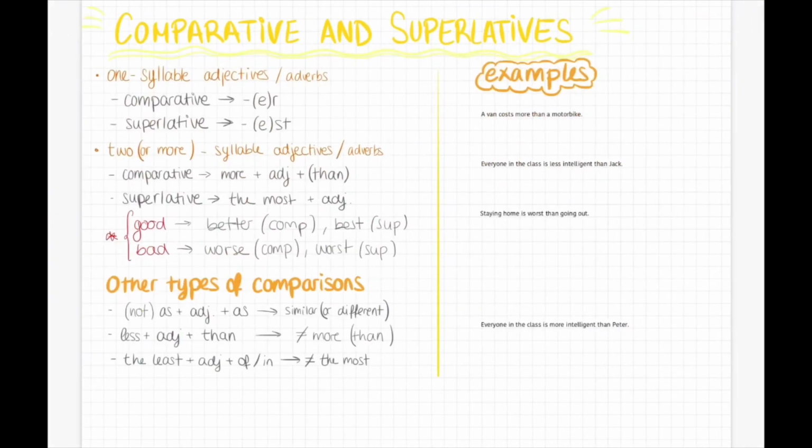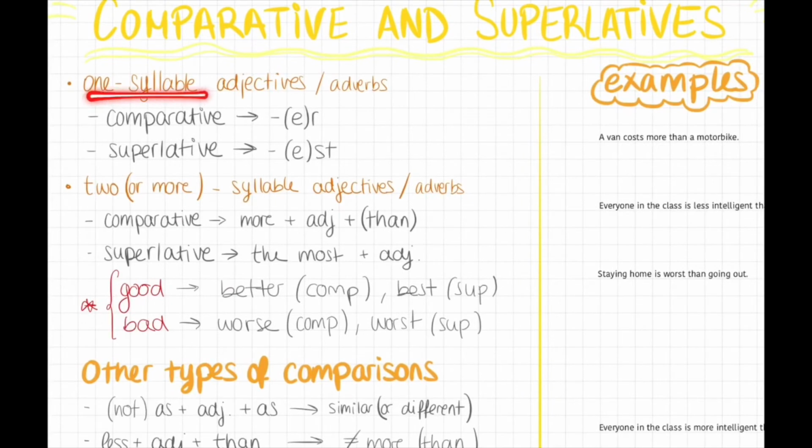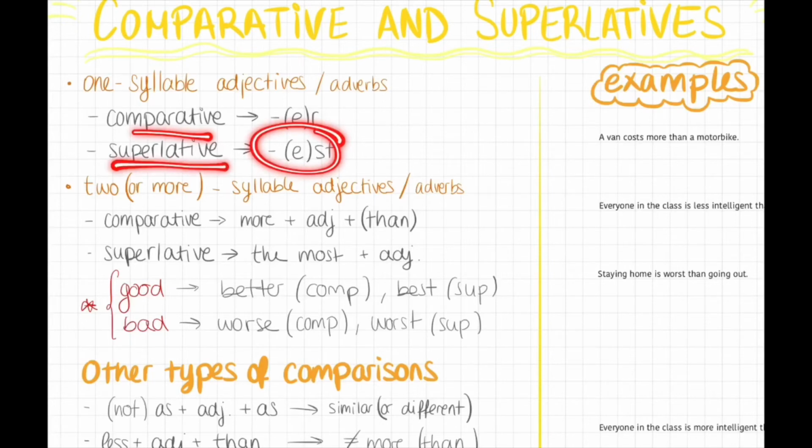Moving on to the comparative and the superlatives, we know that it's different if we are talking about one-syllable adjectives or adverbs and two or more syllable adjectives and adverbs. For the first one, we need to add er if it's a comparative and est if it's a superlative.